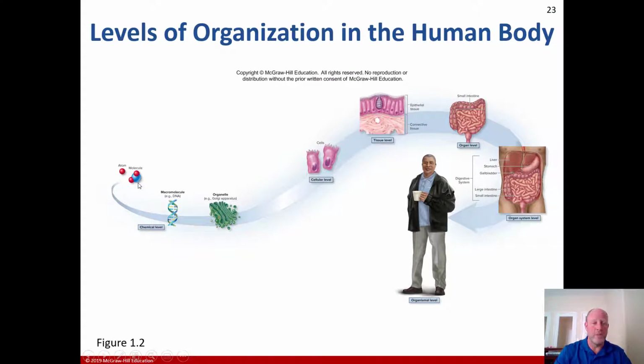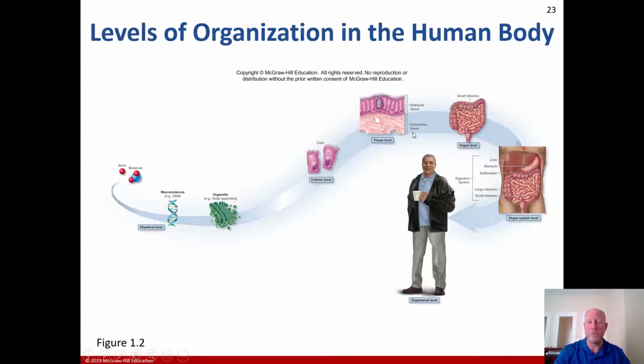That said, it's a very similar breakdown here. I just incorporated more than one animation for you, with atoms and molecules forming macromolecules into the organelles, like the Golgi apparatus for the cell, and then the cellular level, cells helping to form tissues: epithelial tissue, a very common tissue, and connective tissue, which we'll understand in great depth as the course moves forward.